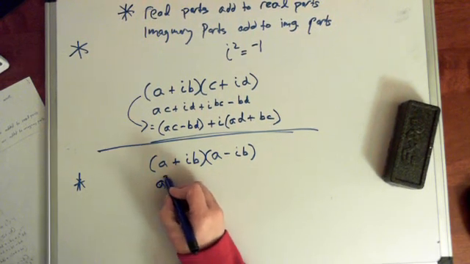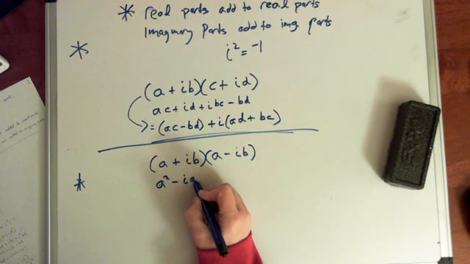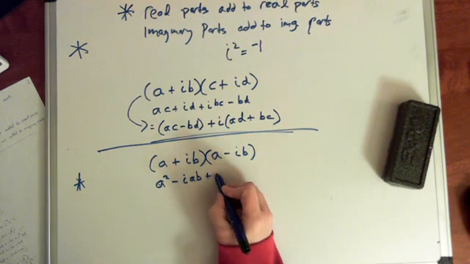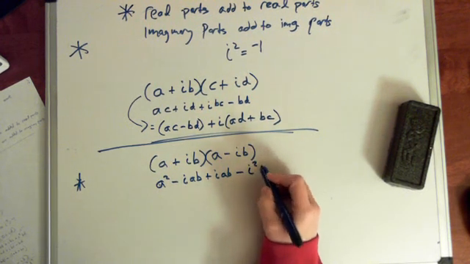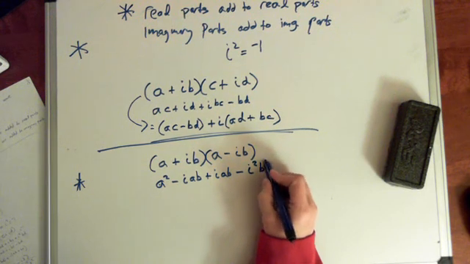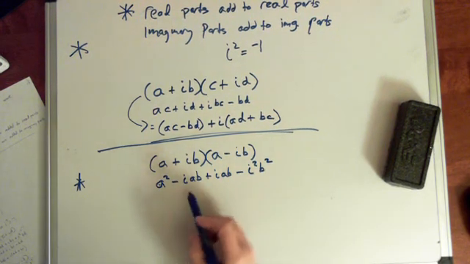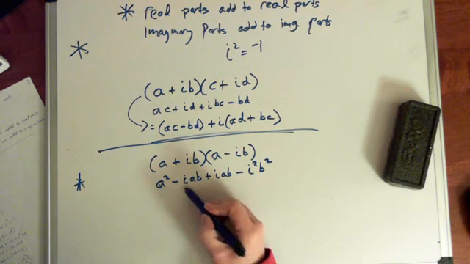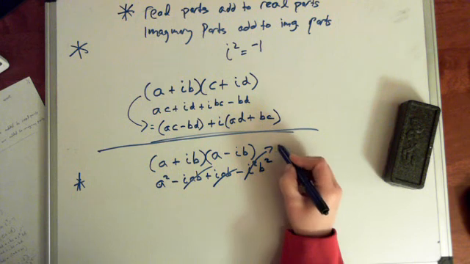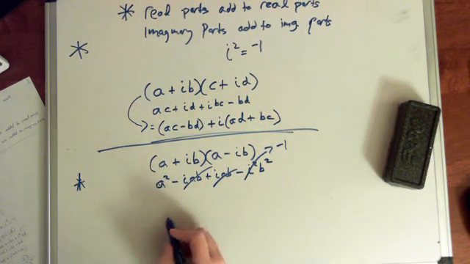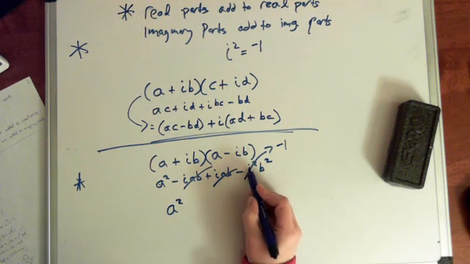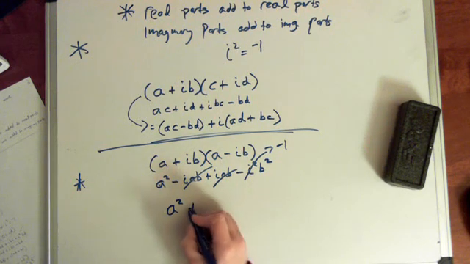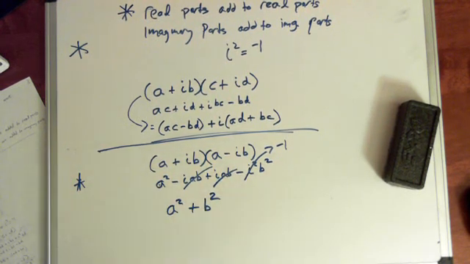We've got a squared minus iab plus iab minus i squared b squared. So this term and this term cancel out. And I know that i squared is equal to -1, so this is simply a squared minus a -1, which becomes a positive. So it's a squared plus b squared. And that's multiplication.